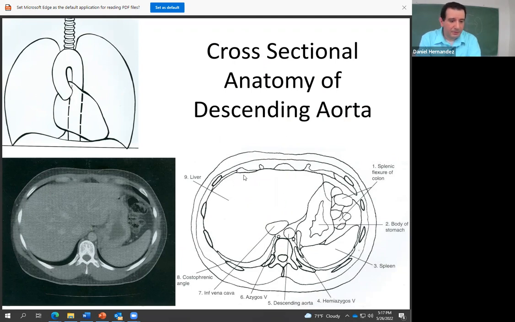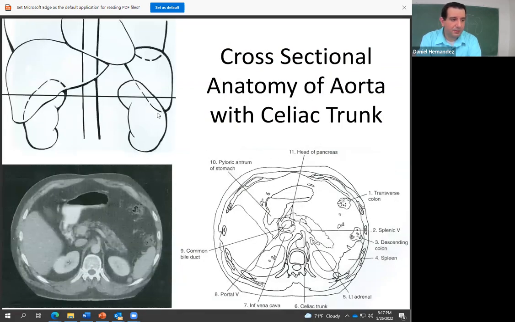If we have the patient lying on their back, here you can see liver, portion of the stomach, colic flexure. Liver is on the right, IVC on the right, descending aorta on the left. Moving down a little bit on a cross-sectional slice, now you can see the inferior vena cava.